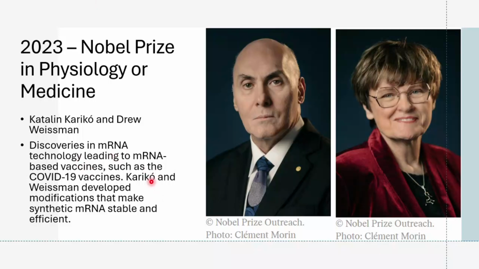You change the uridine to a pseudouridine, and a snoRNA does it, and that tells the body that this is your own RNA. Their discoveries made the mRNA vaccine possible, and this is the basis of all the COVID vaccines that use mRNA technology, okay?